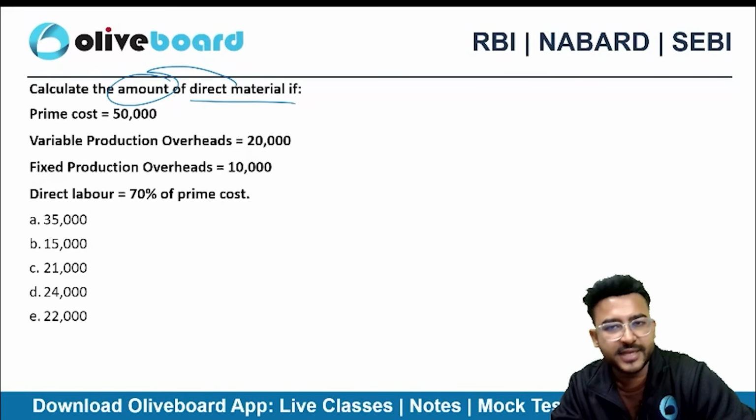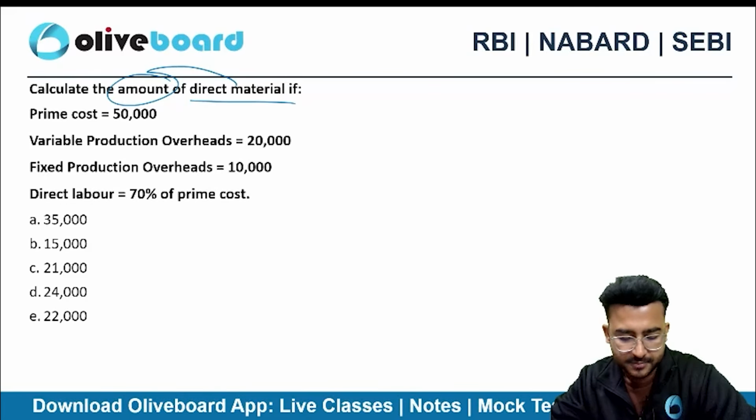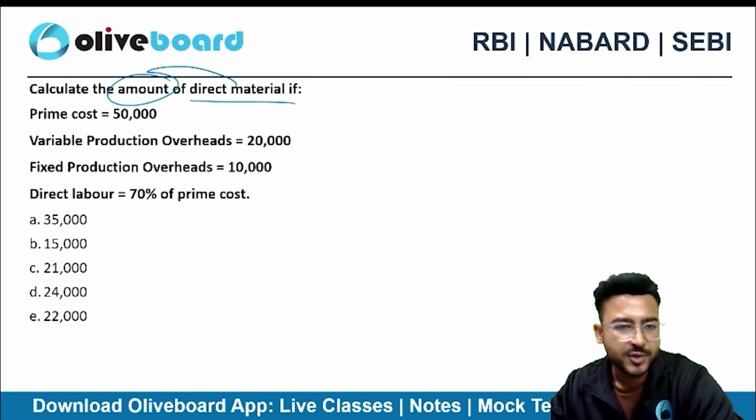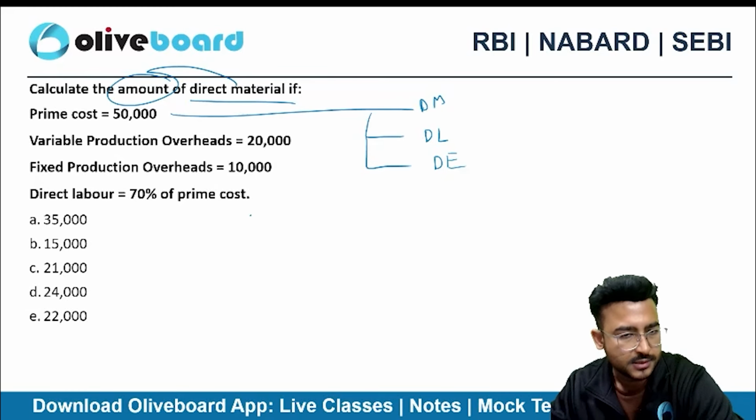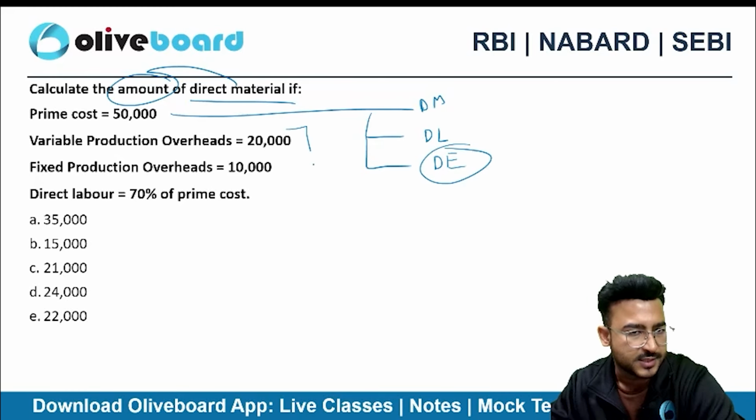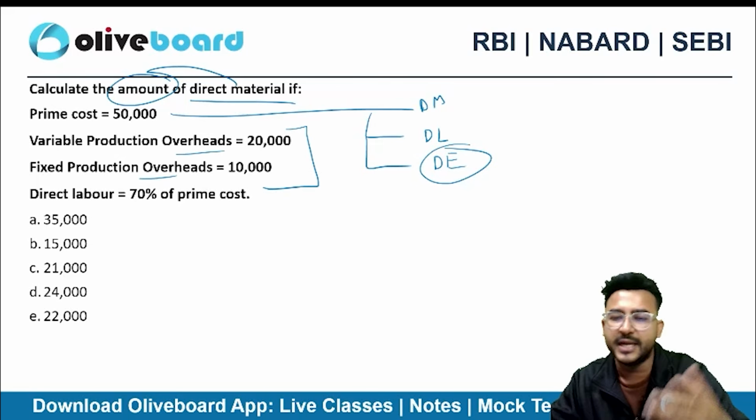Why it's a very straight question: you need to know a very simple thing, that the prime cost comprises direct material, direct labor, and other direct expenses. I don't think there is any direct expense in this question. These are overheads, which are indirect cost in nature, right?